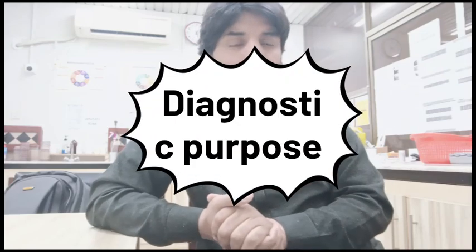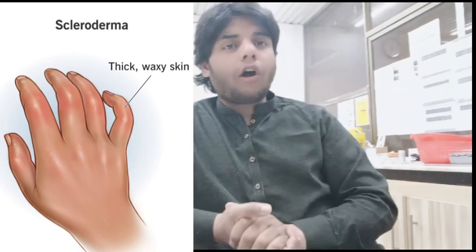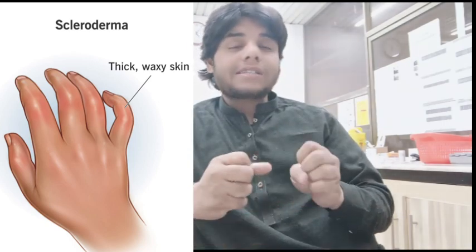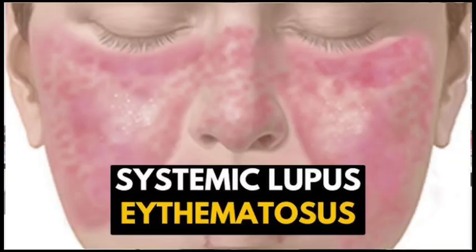Now let's see the purpose of this test. This type of test is specifically performed for different diseases, like scleroderma. All of you know that scleroderma is a kind of autoimmune disease in which the skin becomes hard and tight. Then this test is also performed for SLE, systemic lupus erythematosus.